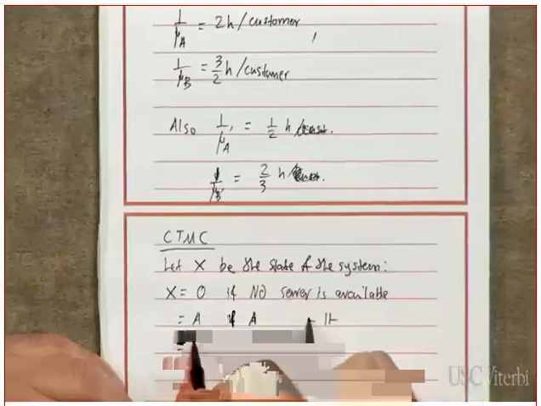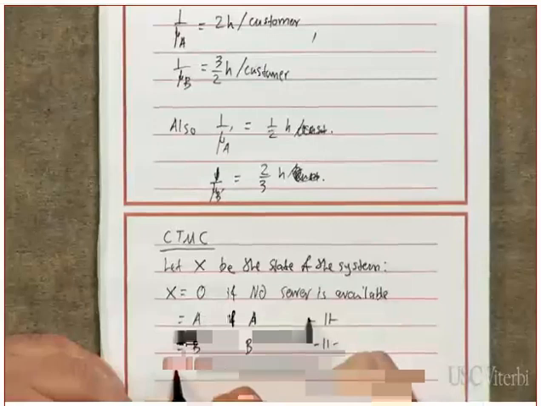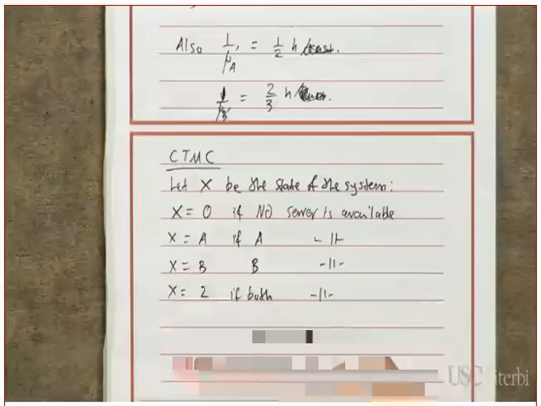What is the rate we go from 0 to A? 0 to A means an arrival, right? So this happens with exponential with parameter 2 for A. What about the rate we go from 0 to B? It is 3 over 2.